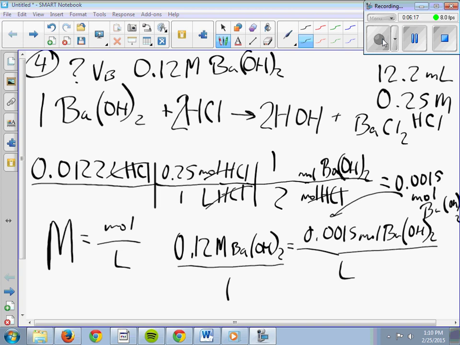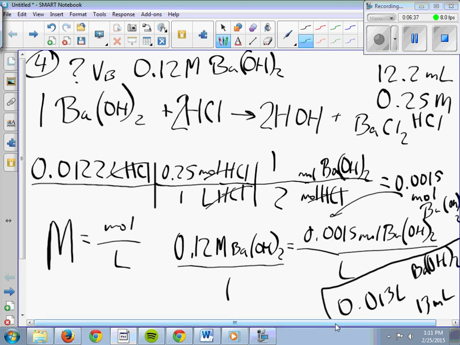I don't even remember what the answer was. 13 milliliters, so 0.013 liters, or 13 milliliters of BaOH2. And those were pretty similar to 1 through 3, so I'm guessing the hiccup was the balanced equation.